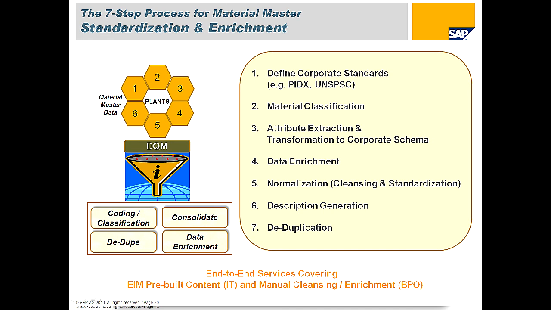Then material classification, and for material classification, attribute extraction, what is out there in the existing legacy systems or SAP systems, and transform those into the corporate schema, the standard schema we have developed.